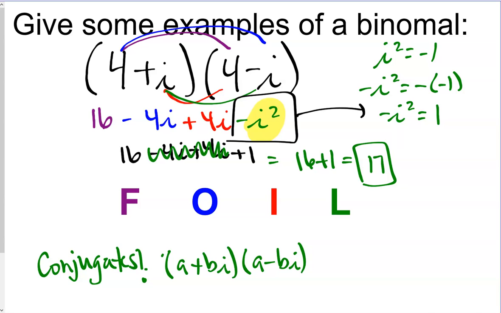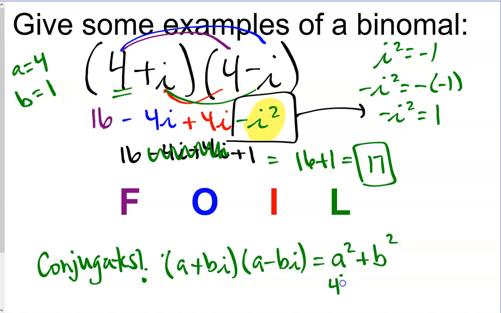Every single time. Okay? And a little shortcut, when you have conjugates, it's going to equal a squared plus b squared. So if you look here, remember this is our a. A was 4. Our imaginary piece is b. And b is 1.